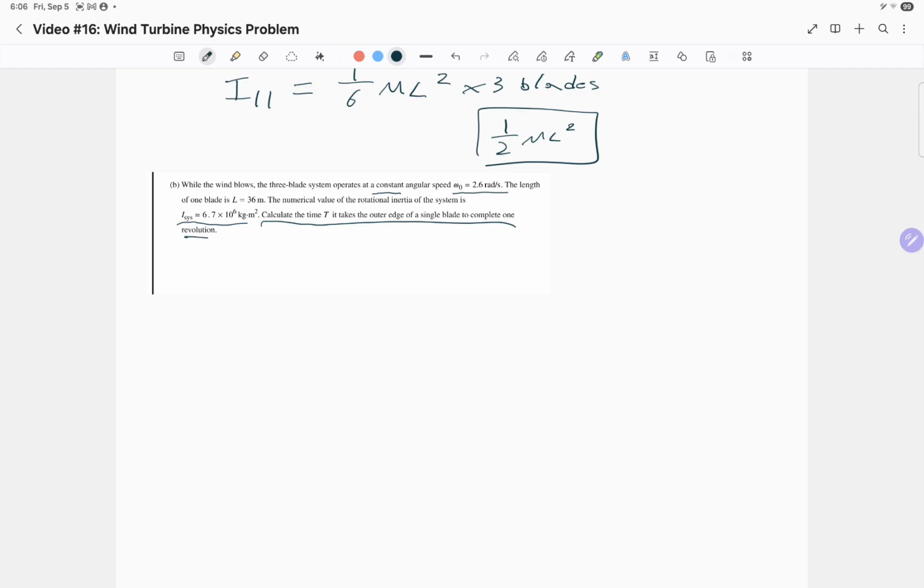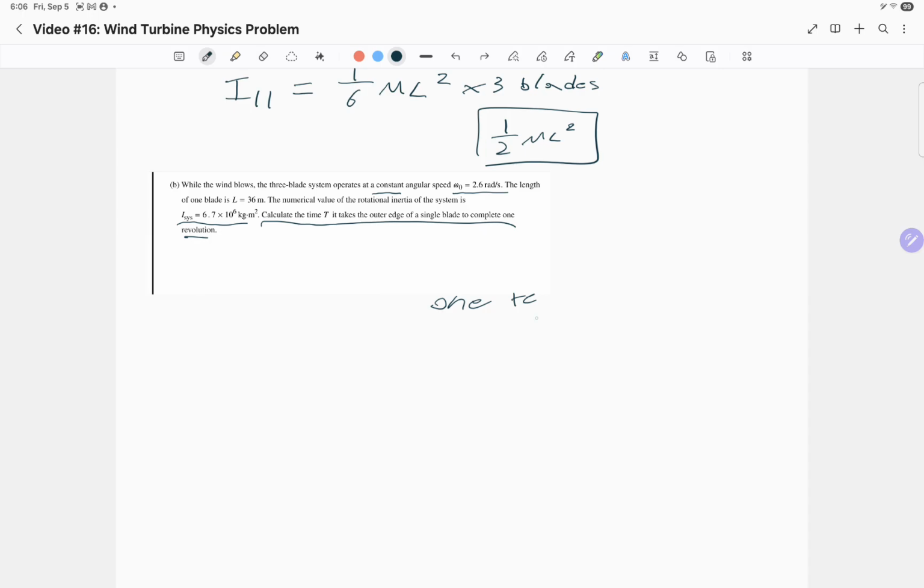Okay. So let's convert units here for one thing that they give you. They say 1 revolution, but because we're dealing with angular speed, what units is angular speed in? Radians per second. So they're not giving us angular speed in revolutions per second.